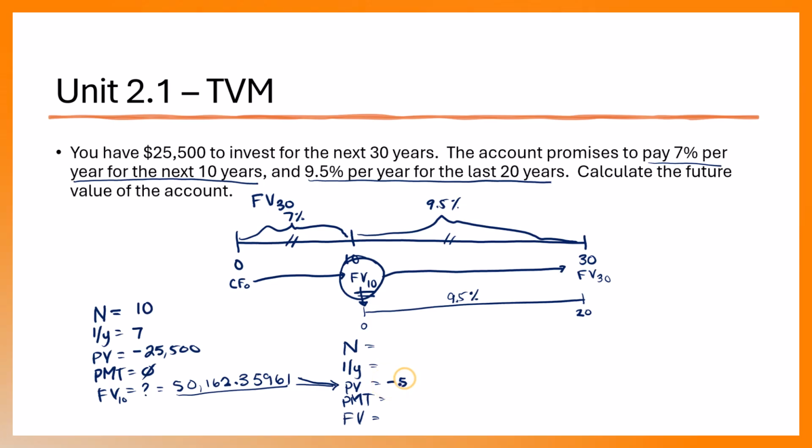I will change the sign to be negative because our cash flows have to have a story. That will result in us having a positive value for the future value. We're going to send in an additional 20 years at a much higher interest rate, 9.5%. Again, no additional cash flows being added to this account. We're trying to find the future value.